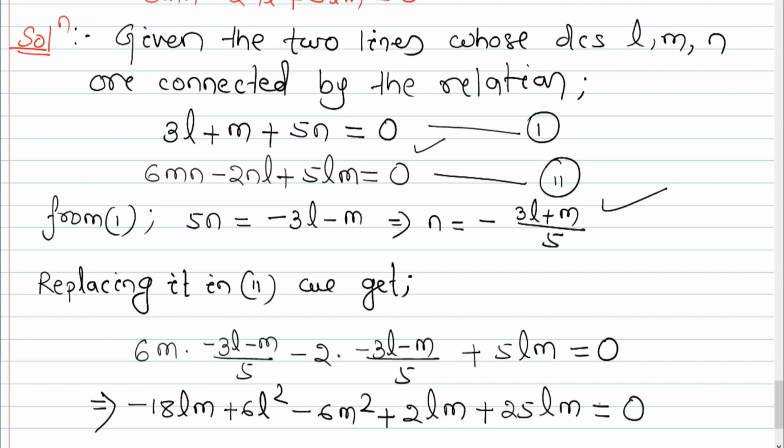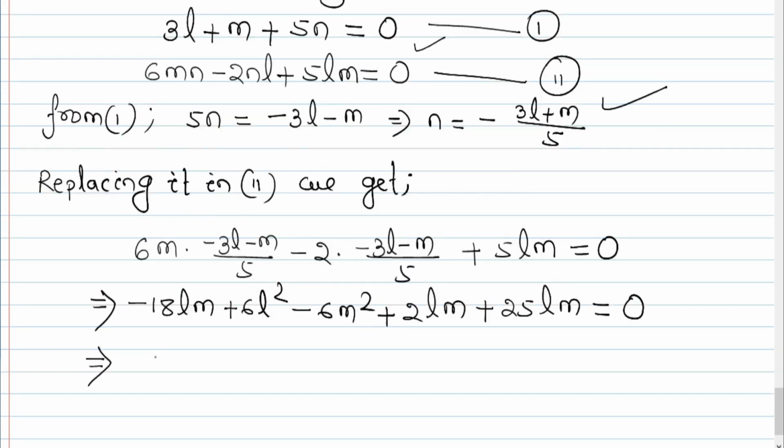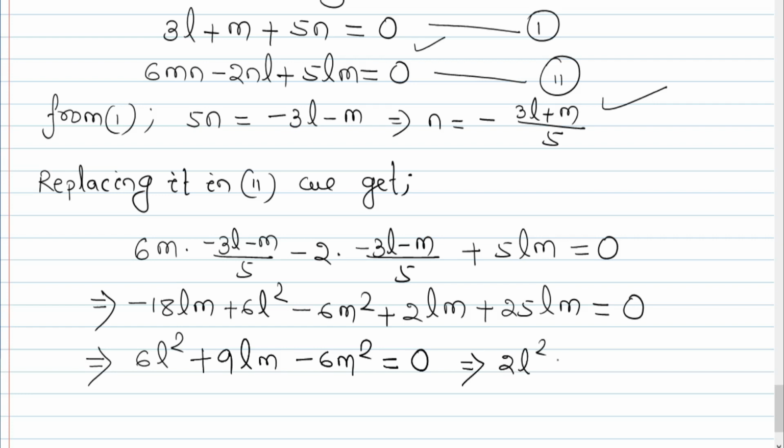Okay, now multiplying by 5, we will get minus 18lm plus 6l square minus 6m square plus 2lm plus 25lm is equal to 0. So multiplying by 5, simplify it, that is 6l square minus 6m square is equal to 0. So taking 3 as common, 2l square plus 3lm minus 2m square is equal to 0.